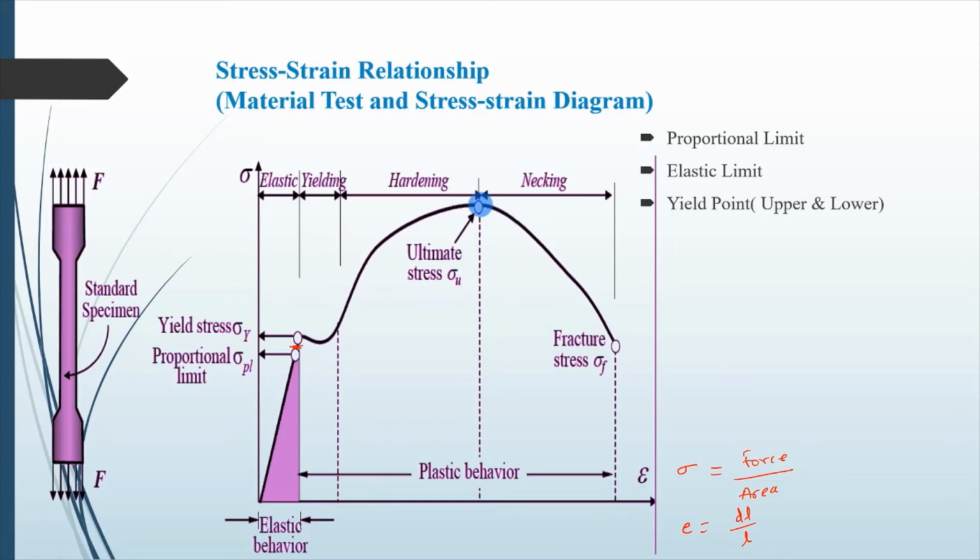The curve will fall, that means the stress value is reducing and strain value is increasing, and we'll see neck formation in the standard specimen where the material is going to fail at a certain point. The point where the material fails is called the fracture point or fracture stress.